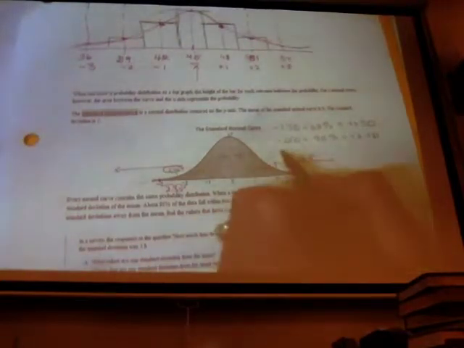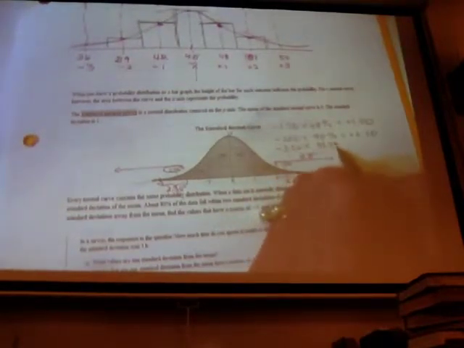So between my three standard deviations, it is 99.7%. Our book doesn't include this, and I don't know why, because this is called the empirical rule. They don't teach you that name, but you will see it in your statistics class.